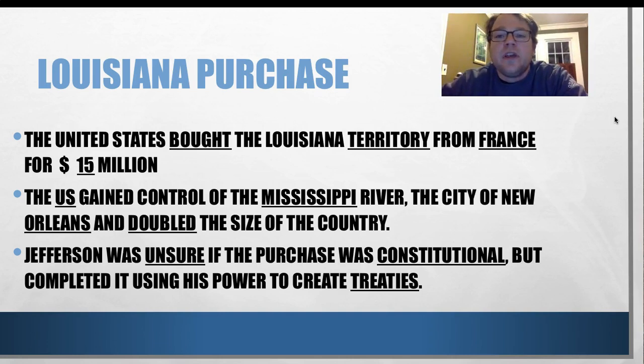This isn't very much like you." And they were pretty much against the Louisiana Purchase at the start. It does go with his whole idea of supporting the farmers, because you're gaining a ton of available farmland. Jefferson defends his choice by saying it's within his realm of ability to create treaties.